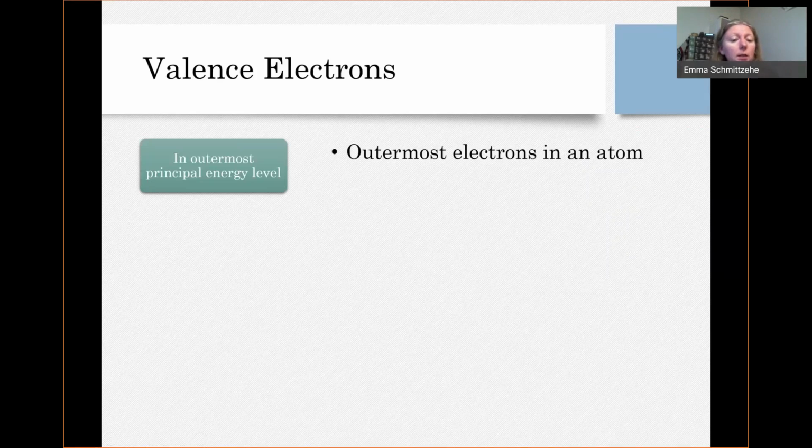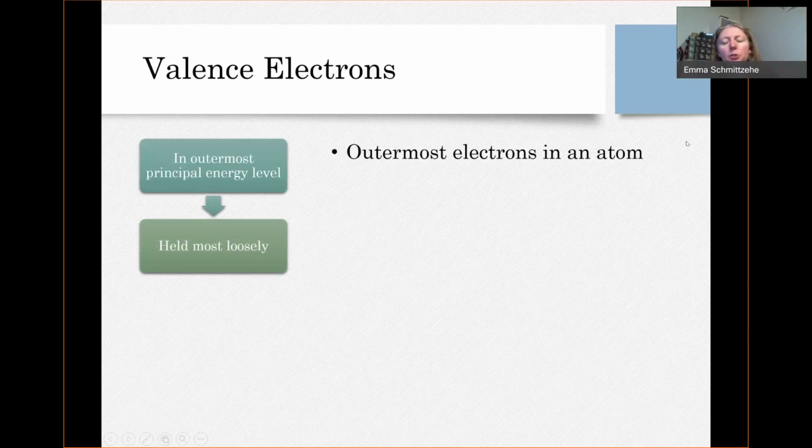Some are in higher energy levels, and the higher the energy level, the further out. Those electrons are less stable, and so they are held most loosely.